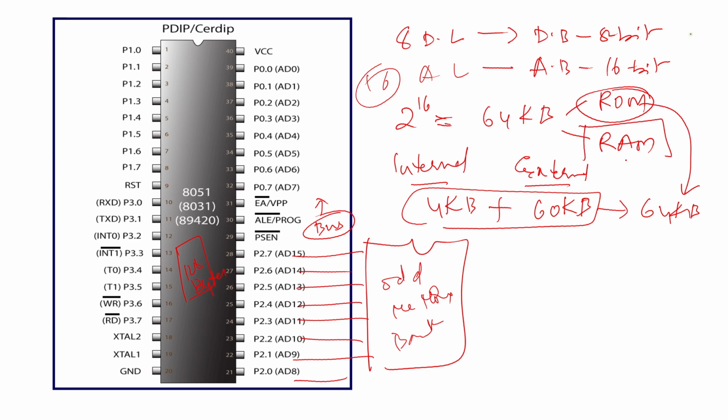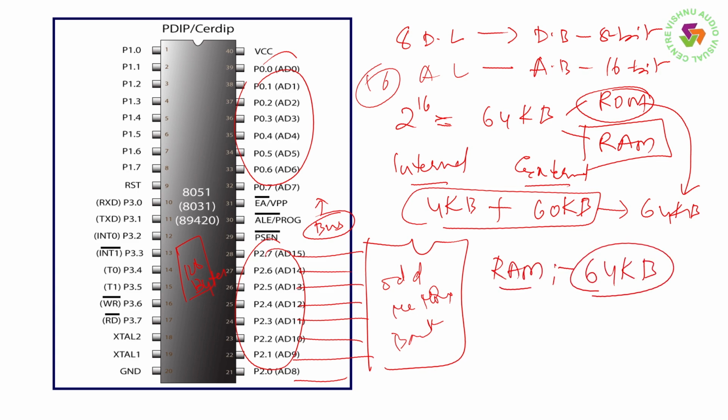In order to connect extra RAM, we can use port 0 and port 2. For RAM, when connecting externally, we can have external RAM of size 64 kilobytes.